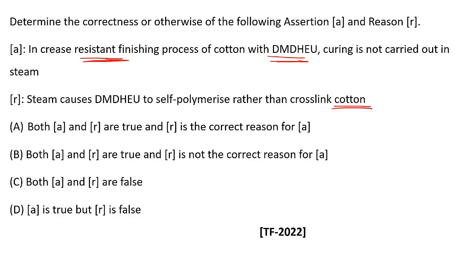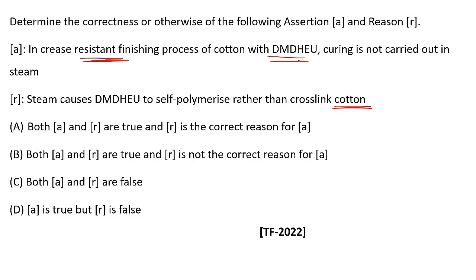So, what is DMDHU? It is used in the crease resist finishing process of cotton. Crease resist finishing means that cotton fibers in the cotton fabric crease easily. So to avoid this, certain crease resist finishes are used, and very common, very useful finishes are those with DMDHU.